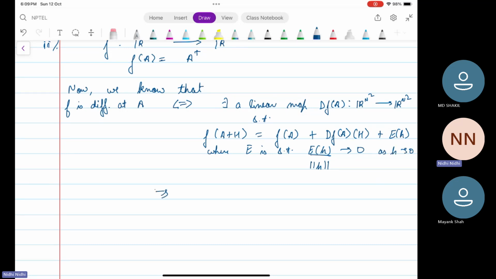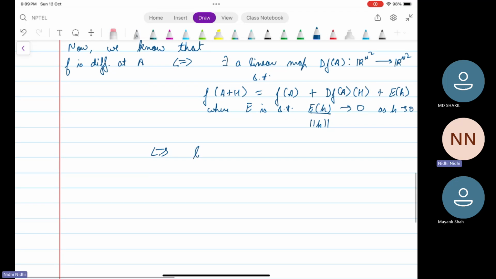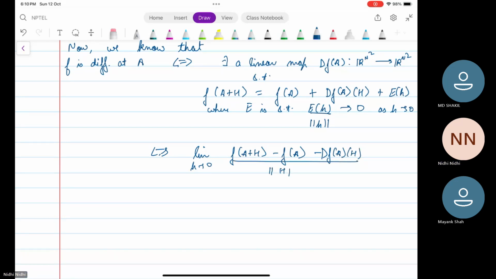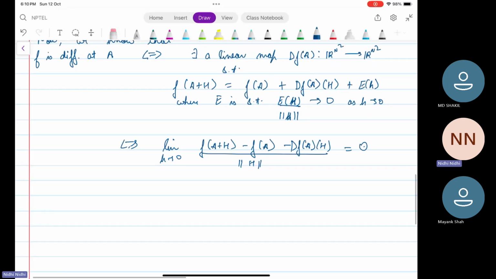This happens if and only if the limit as h tends to 0 of f of a plus h minus f of a minus dfa h, upon norm h, is equal to 0.